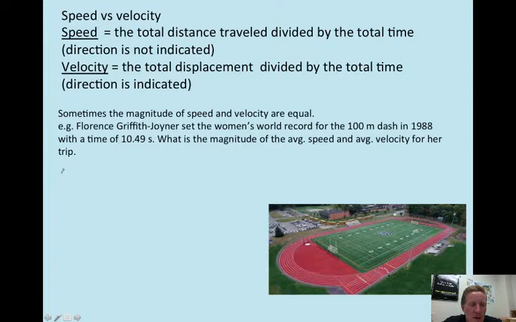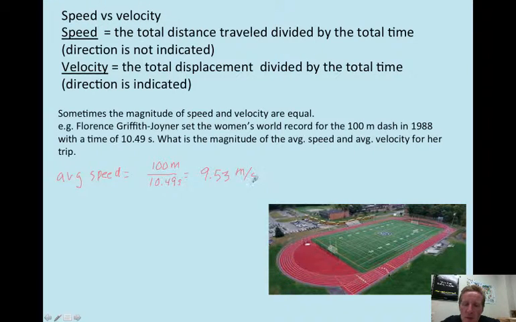We'll do average speed first. Her distance was 100 meters, and our time was 10.49 seconds, and that comes to 9.53 meters per second.